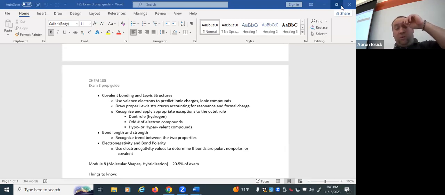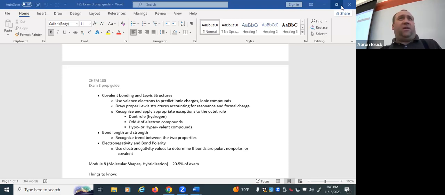Now, I'll tell you, other than hydrogen, which is kind of a common exception, we're much more likely to see a hypervalent kind of compound because those are the ones that tend to be of higher focus in homework banks and quizzes and those kinds of things.